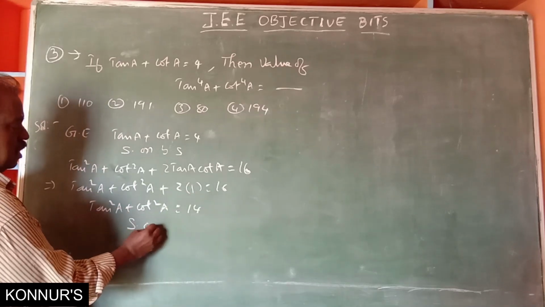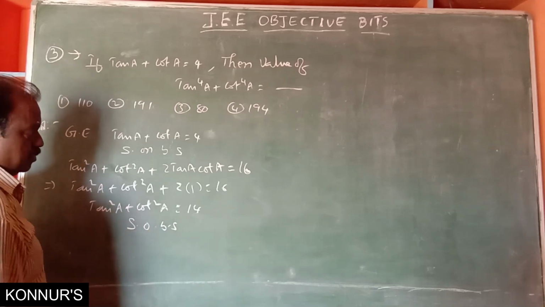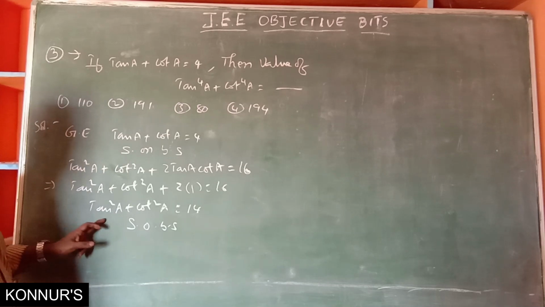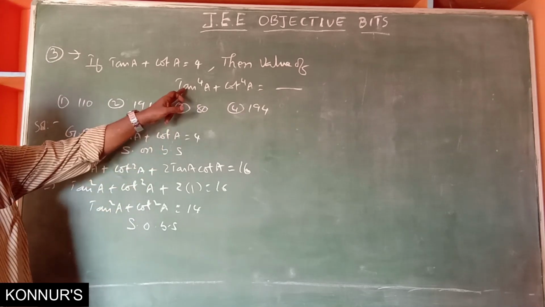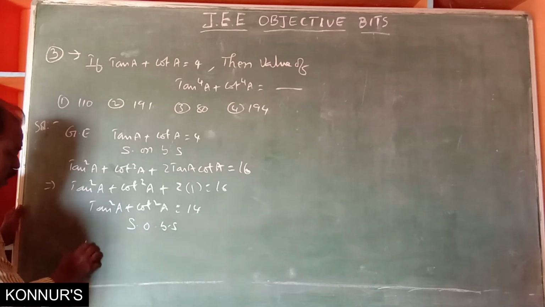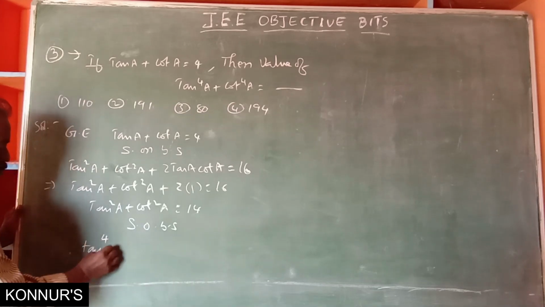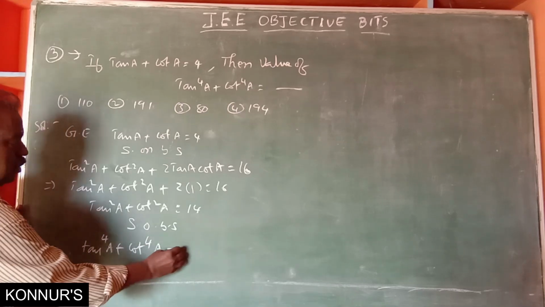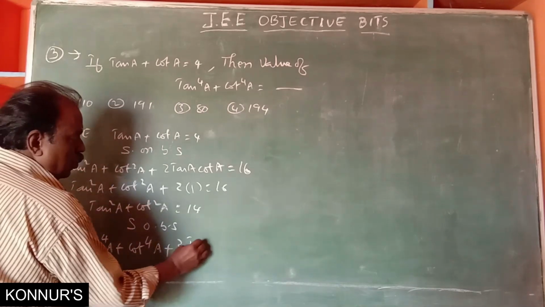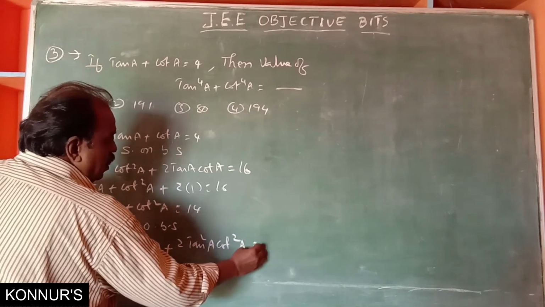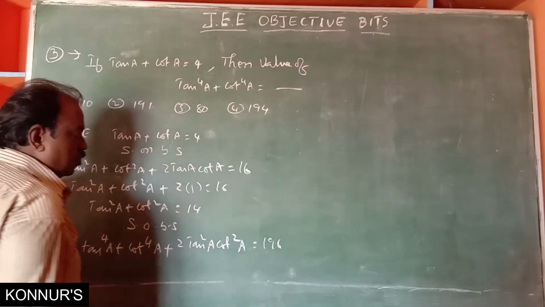Again squaring on both sides, because the required expression is like that. So it is tan power 4A plus cot power 4A plus 2 tan square A cot square A is equal to 196. Will you agree?